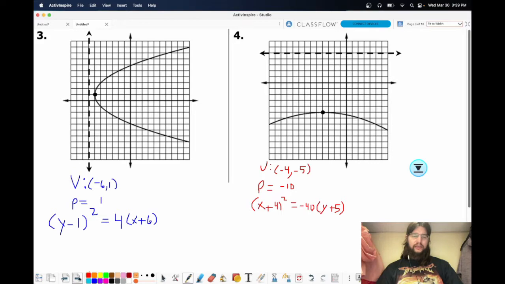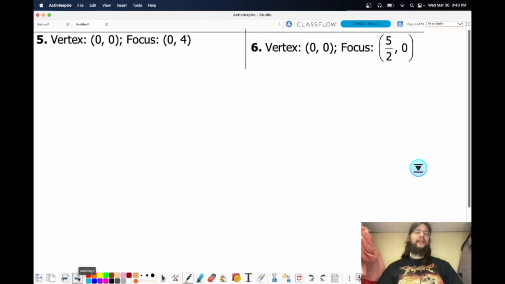Moving right along, this time we're given the vertex and the focus. So I would suggest plotting it out for your vertex and then thinking about where is my focus. Well, vertex is 0, 0, this is 0, 4, so it's going to be right above it, and then sketch your parabola. It's opening up, so that gives us two pieces of information. The parabola is vertical, and P is positive.